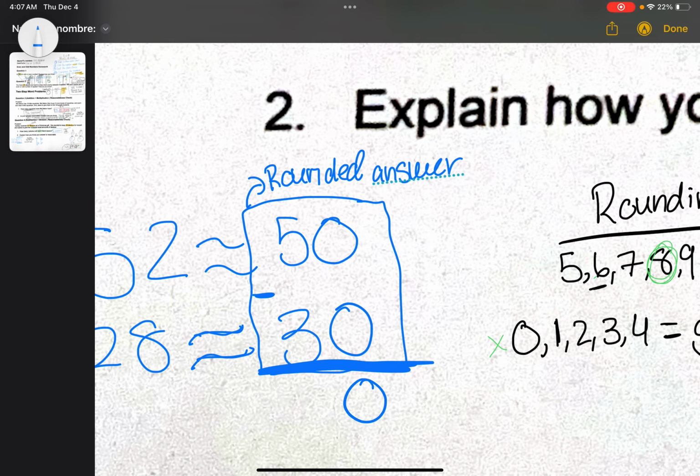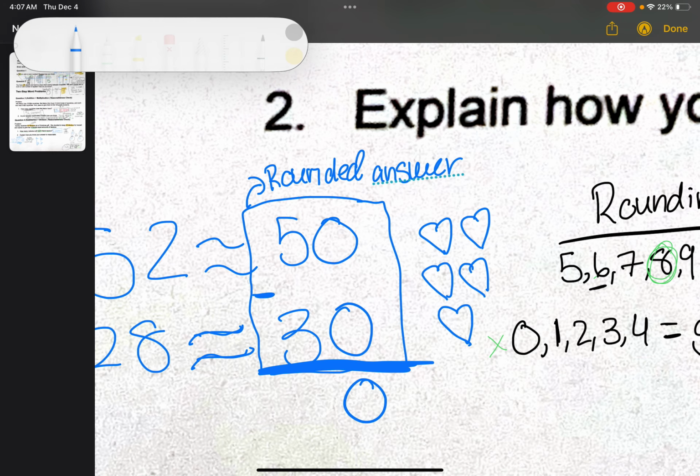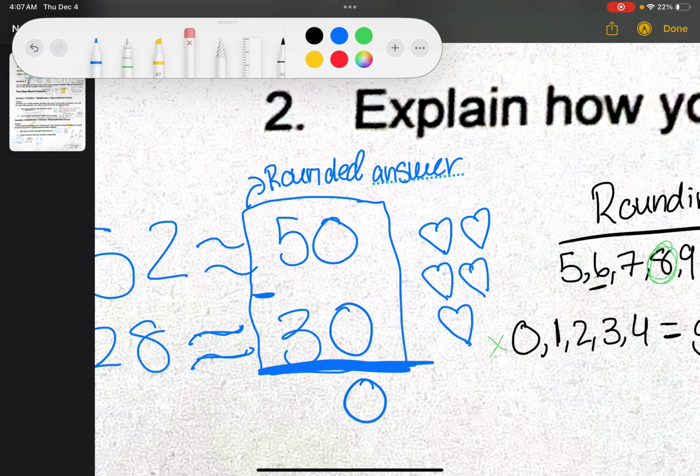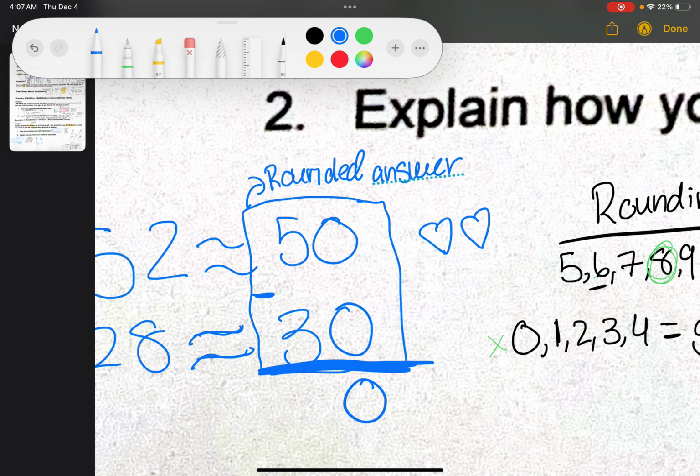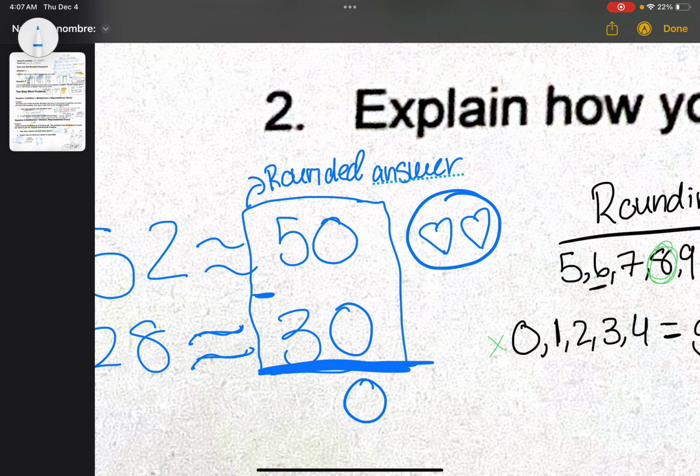And we have 5 minus 3. We're going to look at our tens place. We'll do 5 minus 3. So if I have 5 hearts and I take away 3 hearts, goodbye hearts, love y'all, bye-bye, I should be left with 2 hearts. So 50 minus 30 is going to be 20.